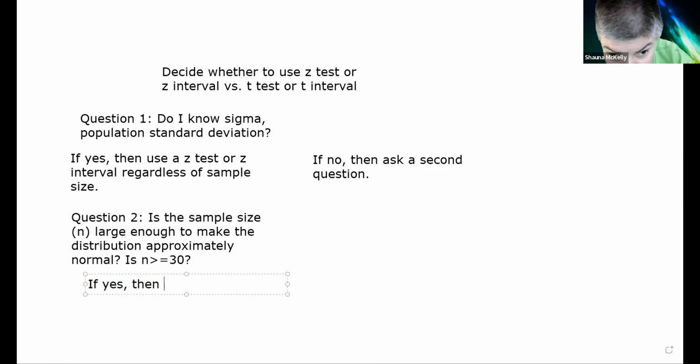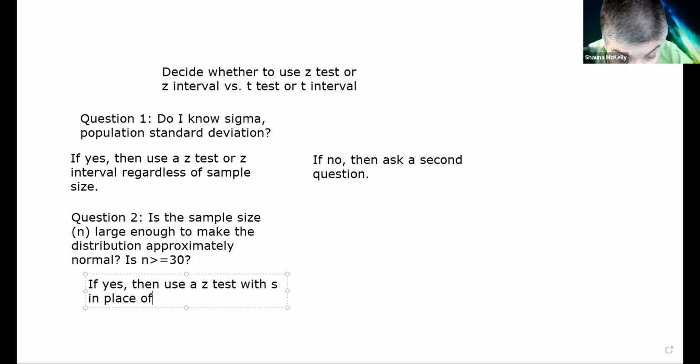If your sample size is greater than 30, then, this is the way Blumen will teach it, use a z-test with S in place of sigma, because of the CLT.